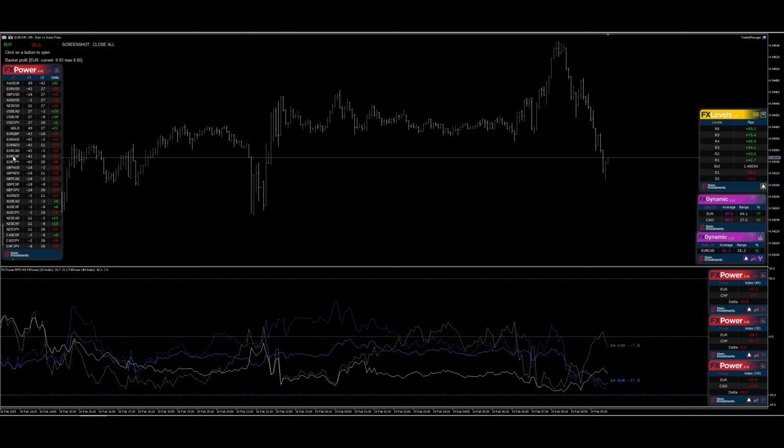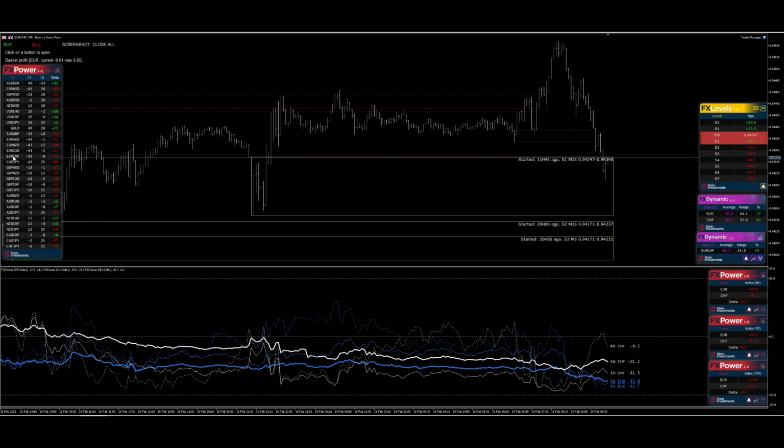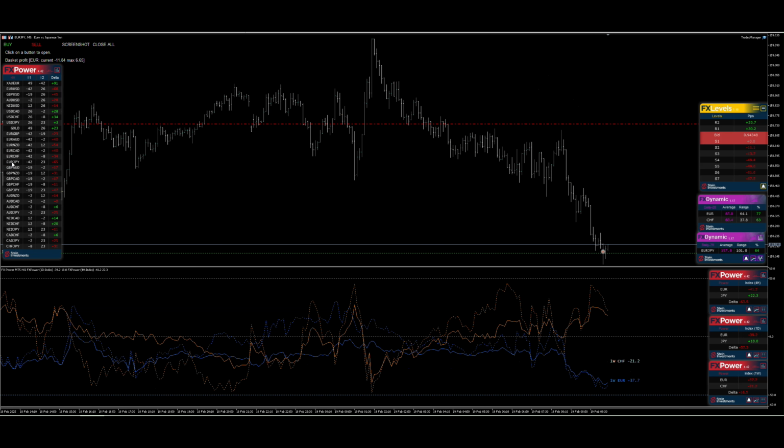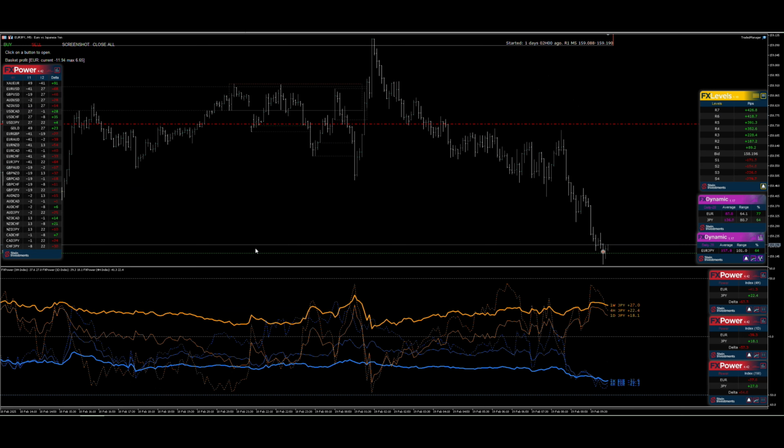Euro Swiss franc is usually a tricky one because they are highly correlated and you are already right inside a support level, and the next ones are trailing, so there's nothing to get from this one. And last but not least, we have our euro Japanese yen trade we've already taken.